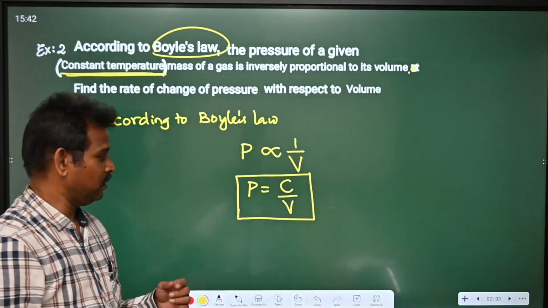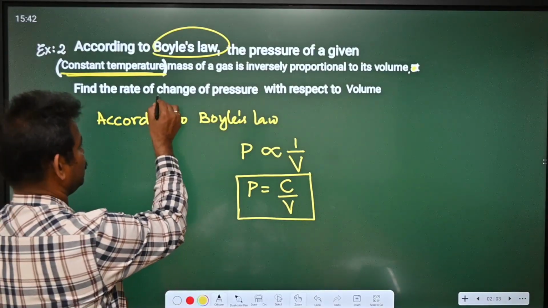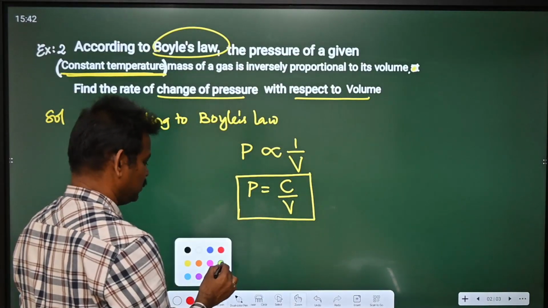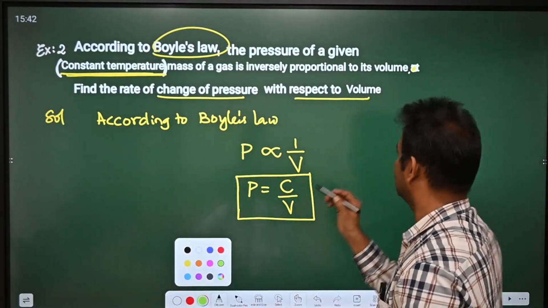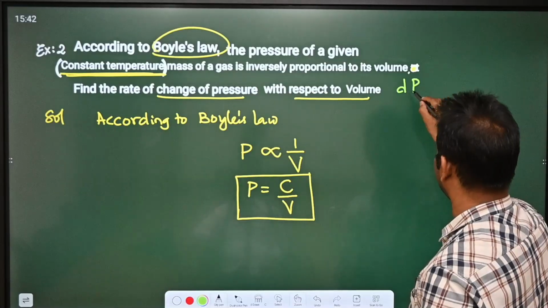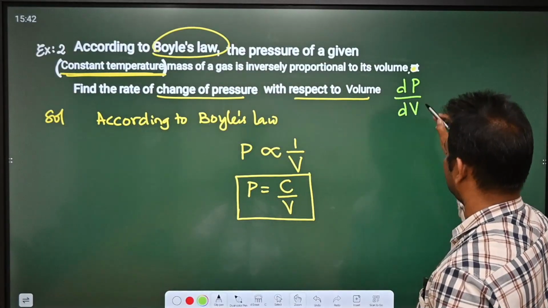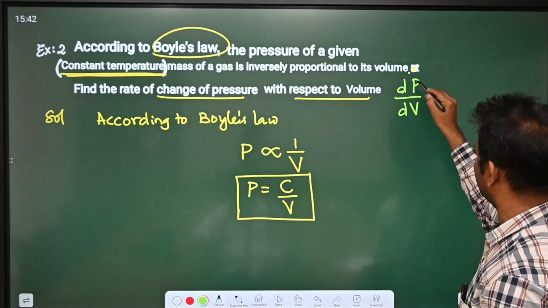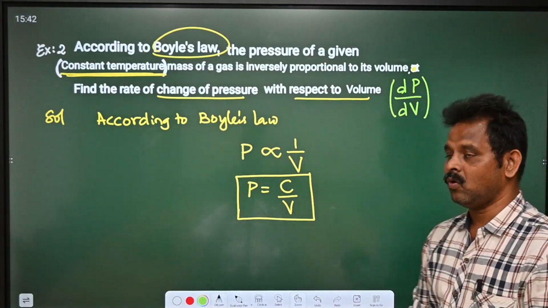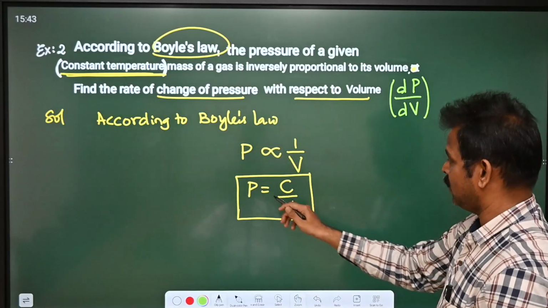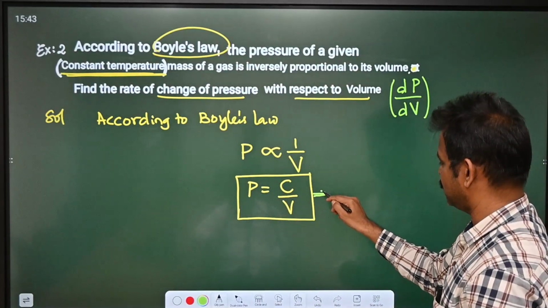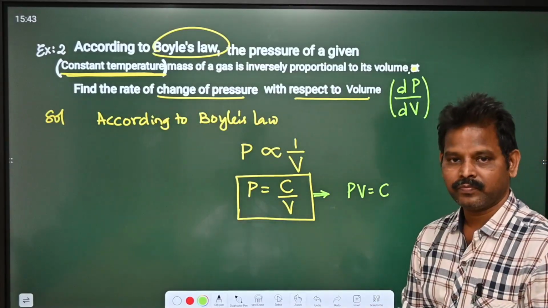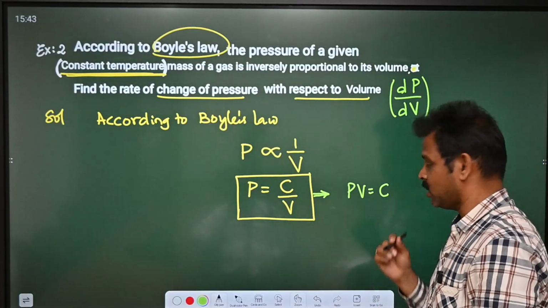But what we need is change of pressure with respect to volume. So we can write this as change in pressure, that is dP by dV. So pressure variation with respect to volume, we need this value. To find out dP by dV, the same expression can be written as PV is also constant. So this is the UV formula.